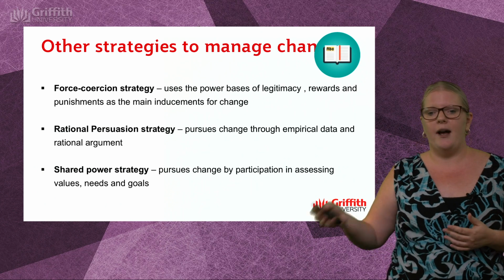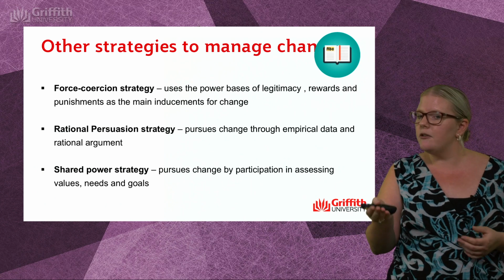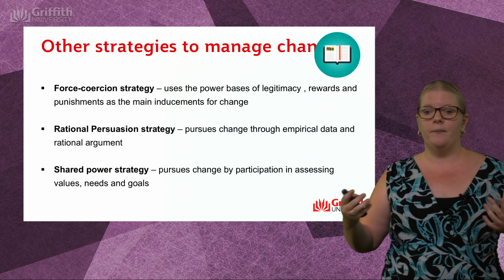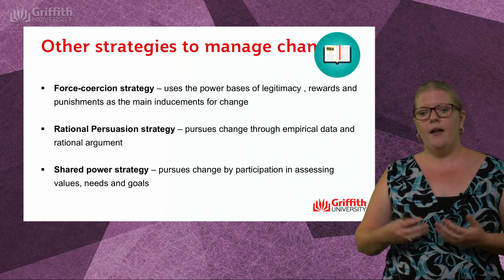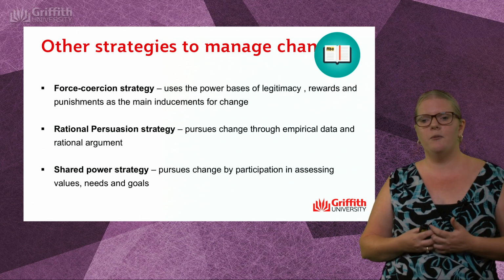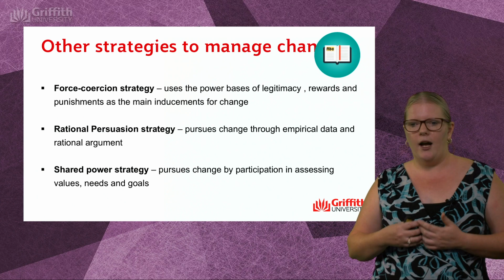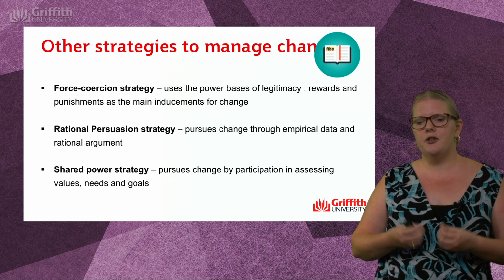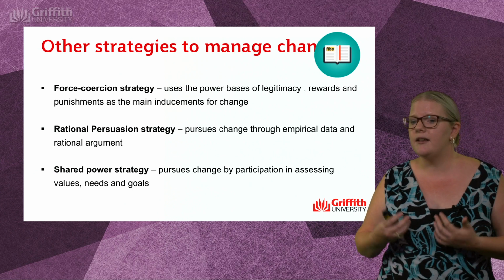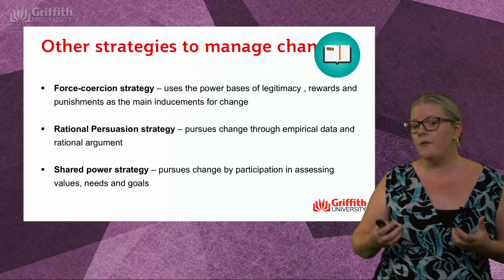Now that may be you have to fill in this form. I'm not going to pay you until you fill in the right form, or it may be something bigger than that. The other strategy is a rational persuasion strategy. So it's a softer strategy, in which case we're saying, look, I've looked at the figures and we need to reduce our output waste by 20%. And we're going to do it in this way. And this is why we're doing it.